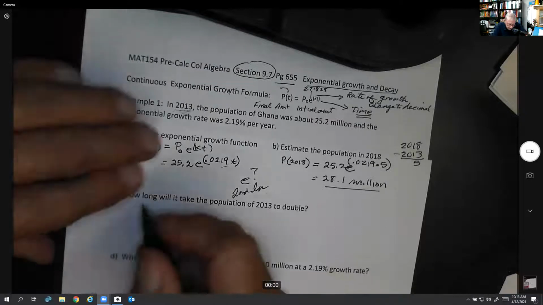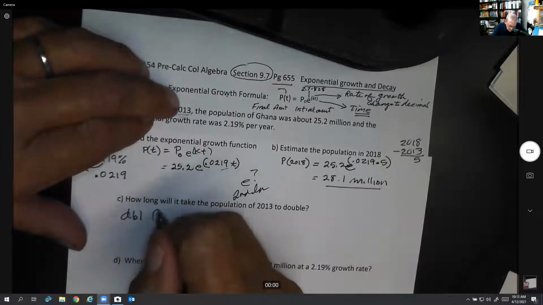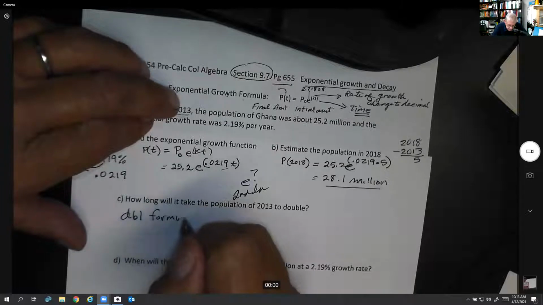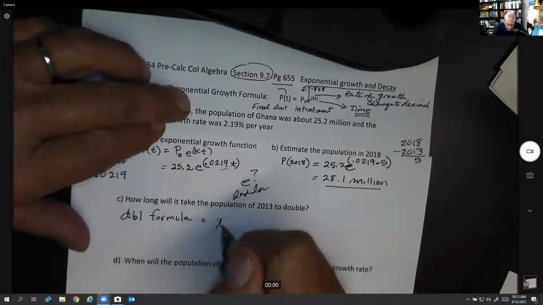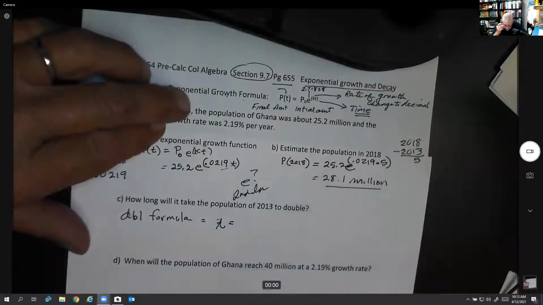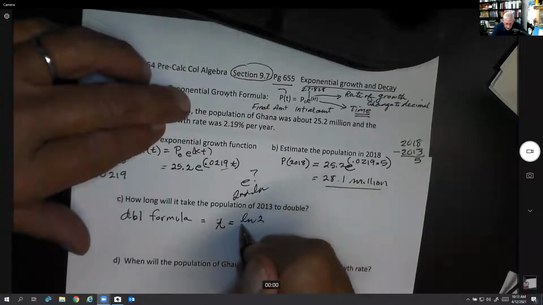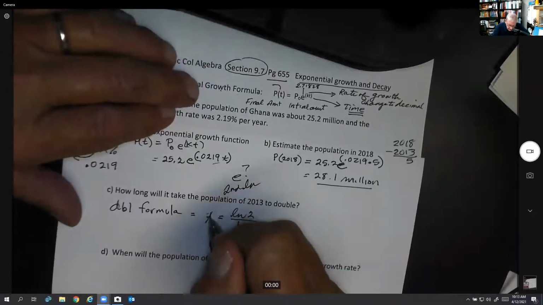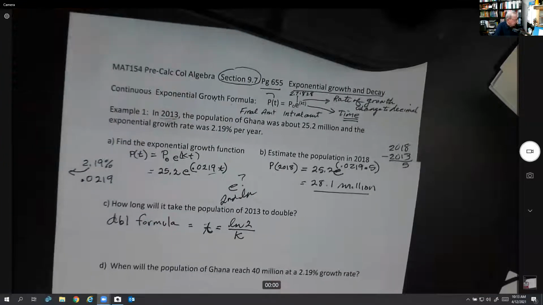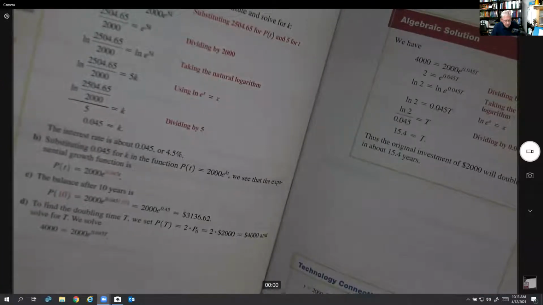The double formula, I'm going to abbreviate double, is T equals ln 2 over K. You can do it the way the book does, but that's going to take a whole bunch of steps, you see.